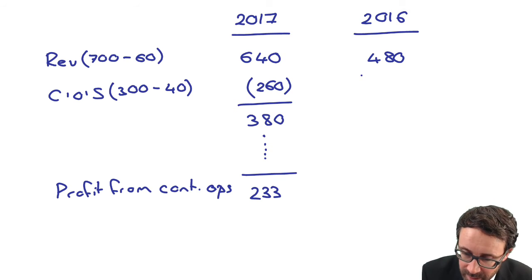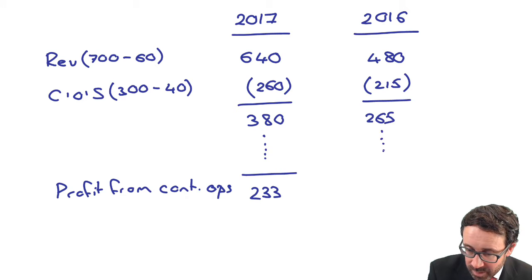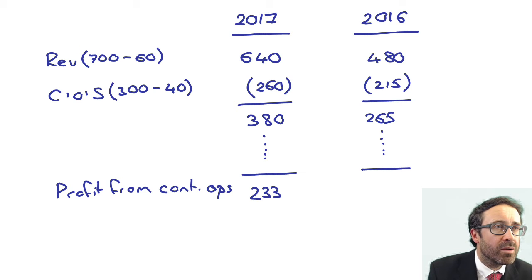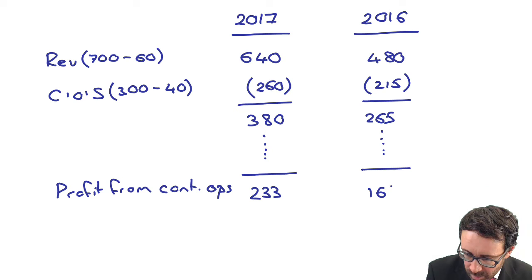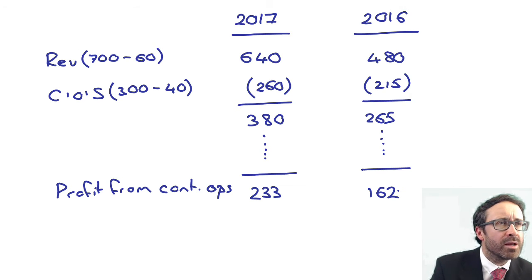You can do exactly the same for 2016. So there, 215. Does that give me 265? You can do the same for your admin and your distribution, which gives you, I think, is it 162? I can't read my own writing.